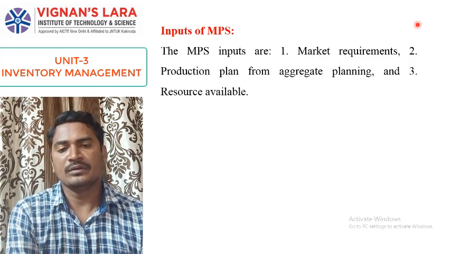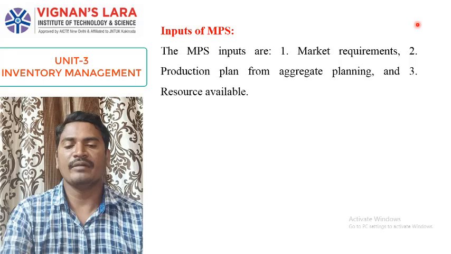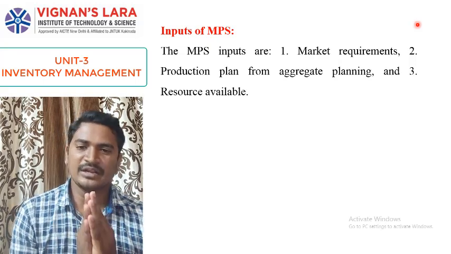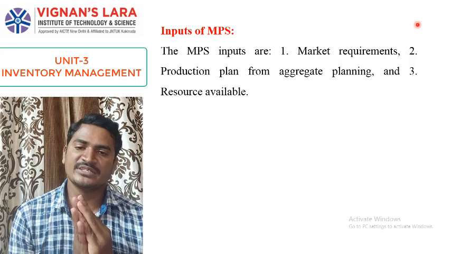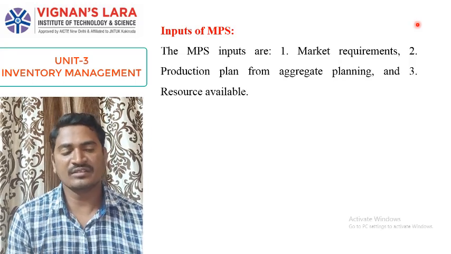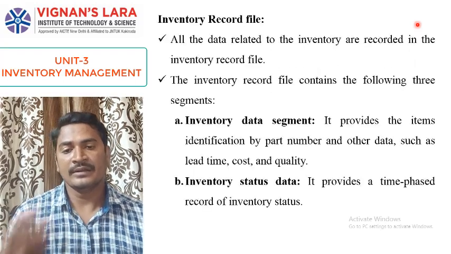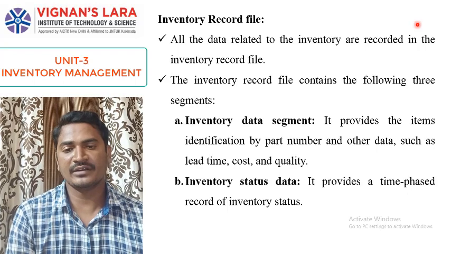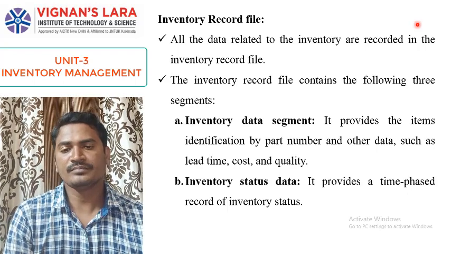Then they check the resources availability: what machines are required, what engineering information is required, what manpower is required. Those things they discuss, fix, and arrange as resources for that master production schedule.